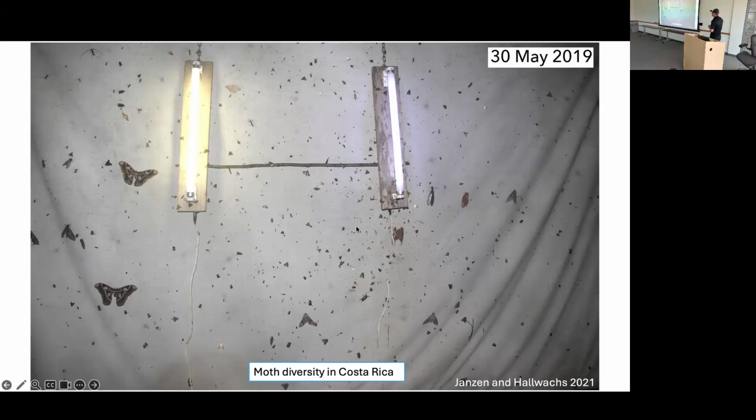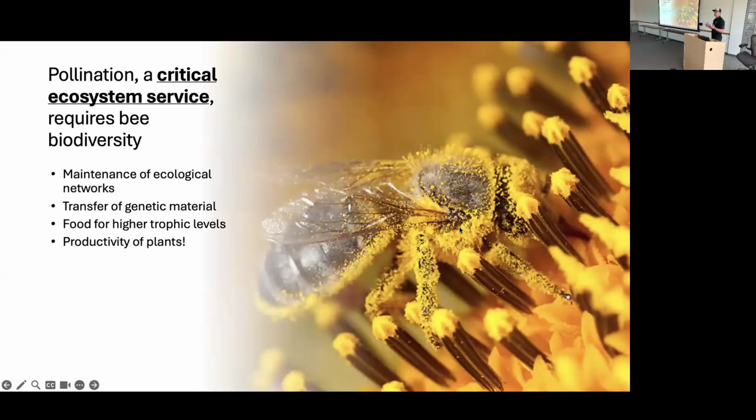But I think we also have to be concerned with what kind of ecosystem processes are important for sustaining life on Earth. For agriculture and human well-being, pollination is a really critical ecosystem service, and it relies fundamentally on the biodiversity of bees. So bees do all kinds of good things for us, right? They maintain genetic diversity in ecological networks.